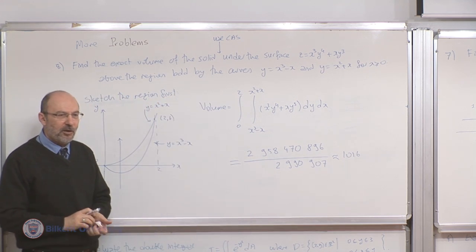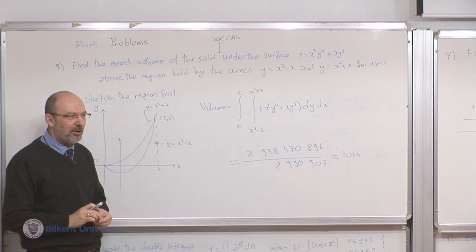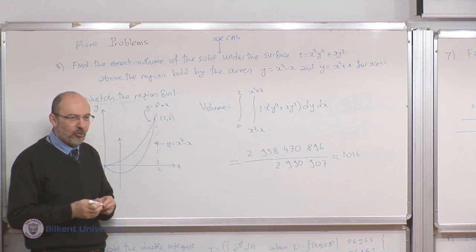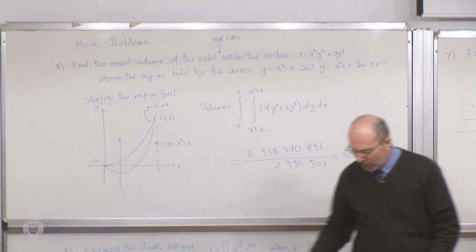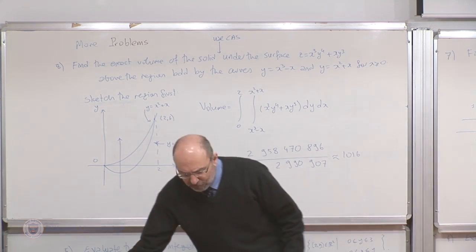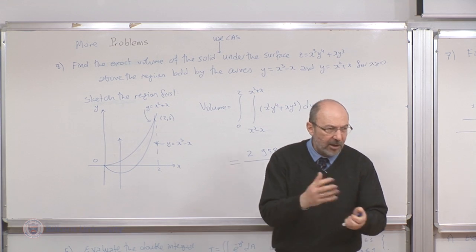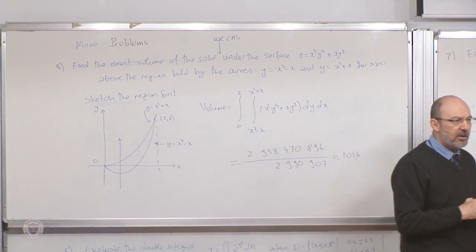So theoretically it is easy, but practically you have to use a computer. Okay, so this was the fun part. That finishes our training with double integrals in x and y.